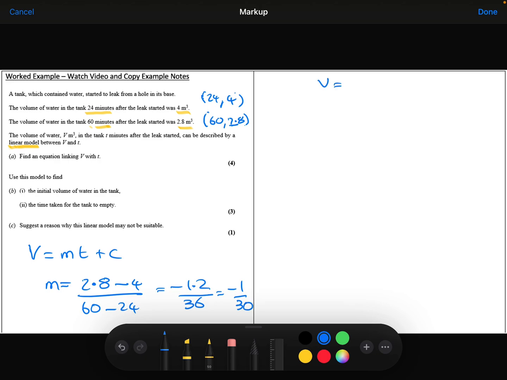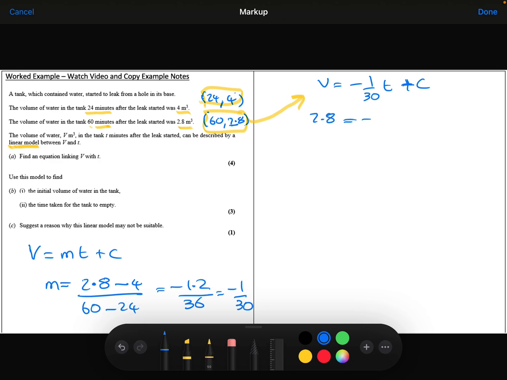So v equals minus 1 over 30 t plus something. I can now substitute either of these coordinates in. I'm going to substitute this bottom one in because I can see that the minus 1 over 30 times the 60 will be nice and simple. You can pick, it's up to you. Either of these will work perfectly well.